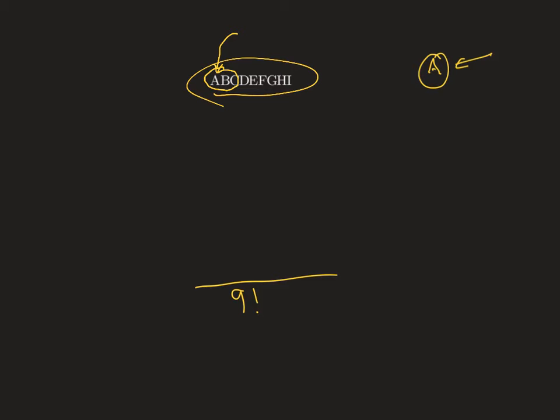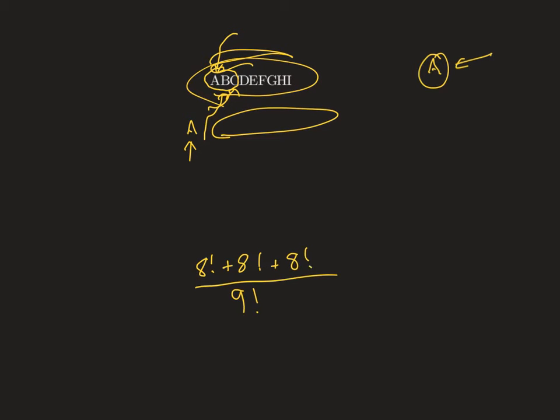So we'll go through all of these 9 factorial different ways and see how many would be chosen. You could have A in front with 8 factorial different arrangements, and that would be a winner because that was one of our chosen. Or you could have A in the second position with 8 factorial ways of rearranging the others, so it's plus another 8 factorial. Or A in the third position, plus another 8 factorial.